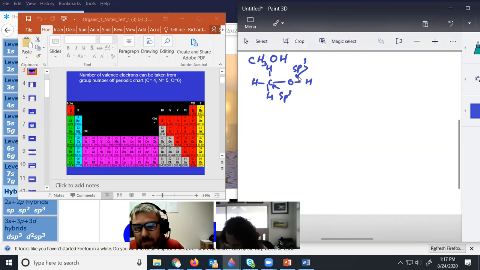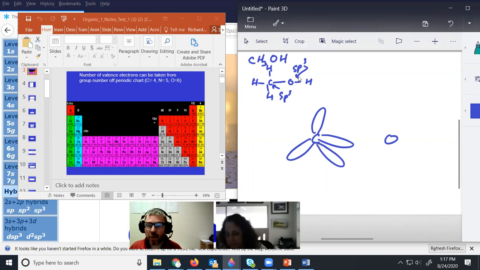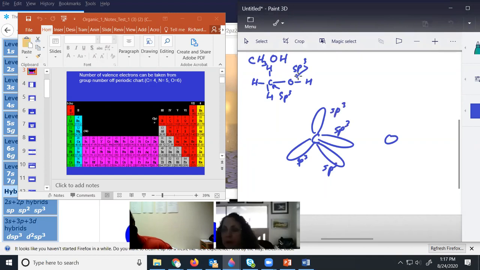Okay, so let's put this together. We've got our C and we've got our O. Now the C is going to be sp3, which means it's going to be this one here with the funky lobes on it, 4 of them. Remember, I've got videos for these as well.